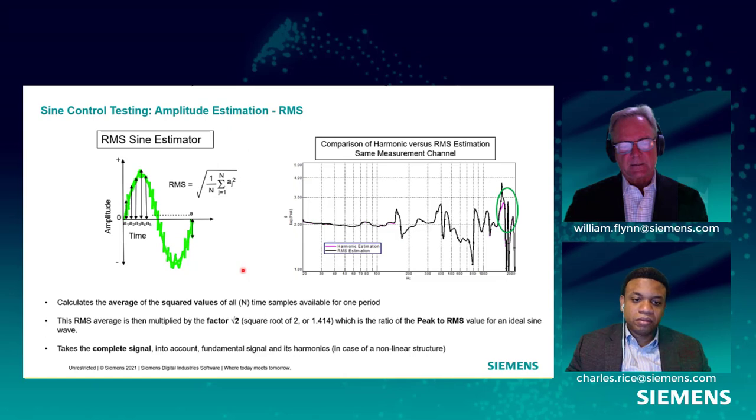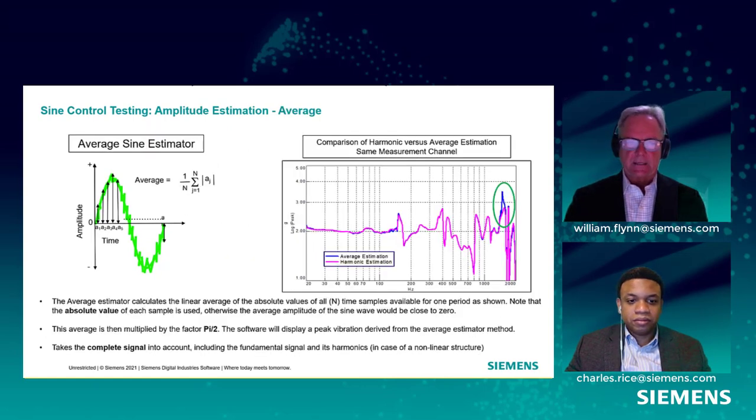But in this case, it takes into account the entire signal, including the portion outside the immediate harmonic frequency, or the instantaneous frequency being applied to the structure. So that's what the RMS estimator does.